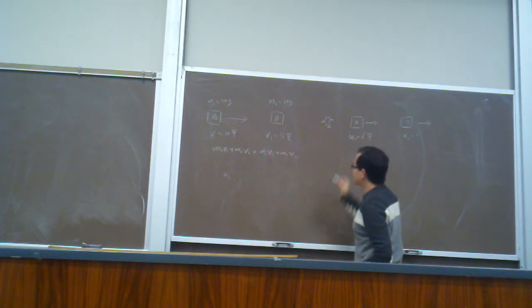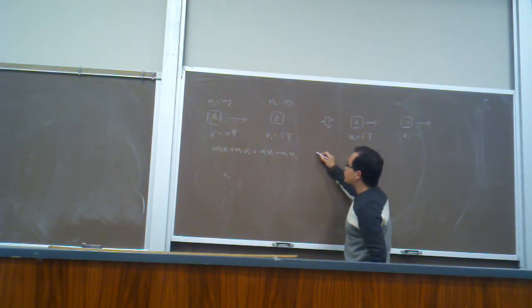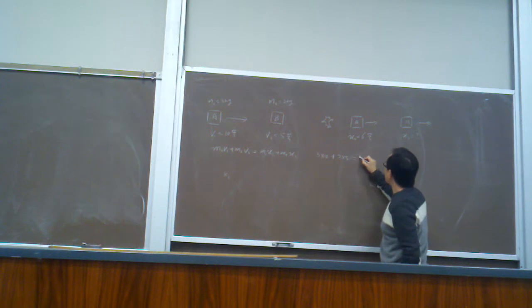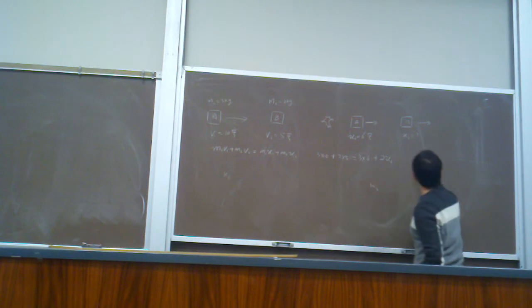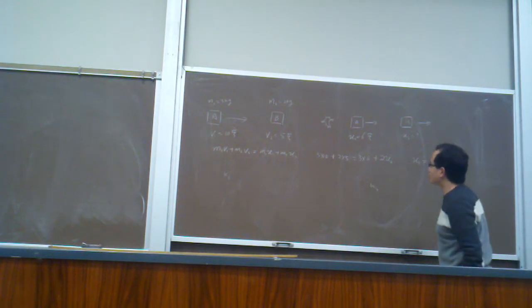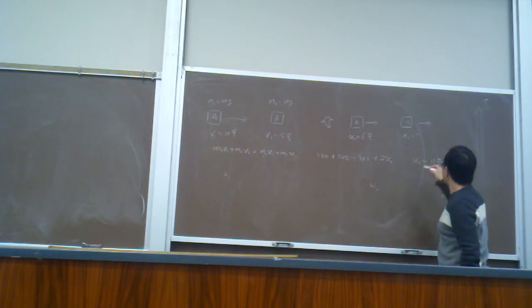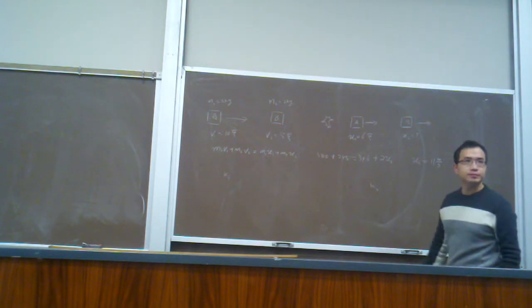If you substitute the numbers, you get 3 multiplied by 10 plus 2 multiplied by 5 equals 3 multiplied by 6 plus 2 multiplied by u2. This, of course, gives you u2. What do we get for u2? 11 meters per second.